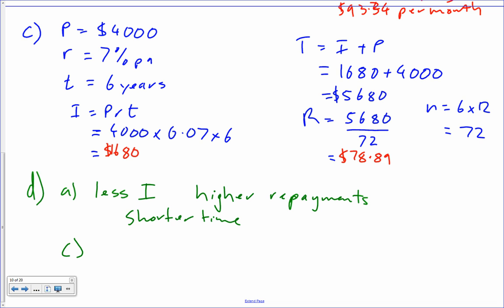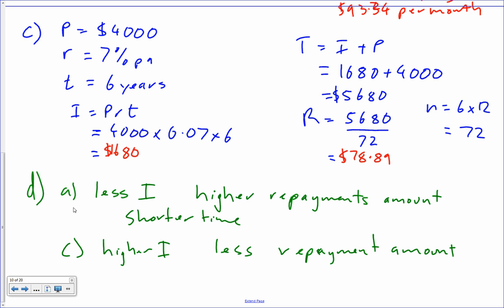For C, we've got higher interest, but less repayment amount. But it's a longer time. And really it comes down to your individual circumstance, which one you decide to choose on that.